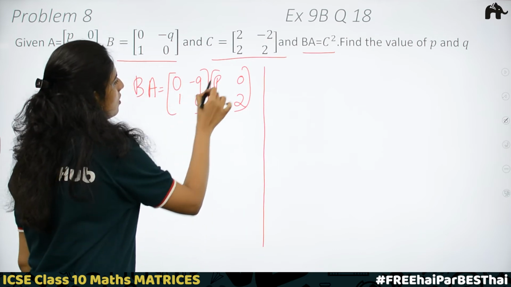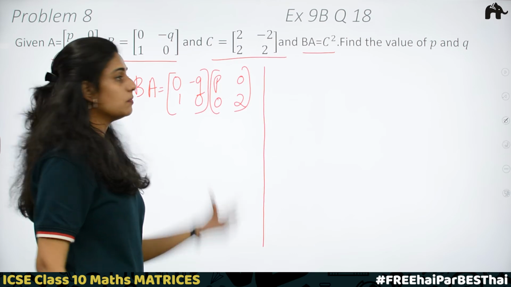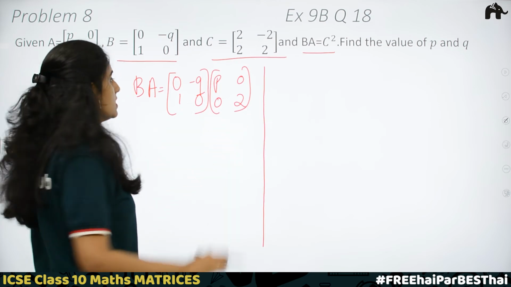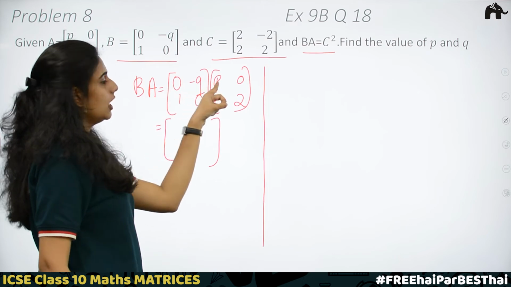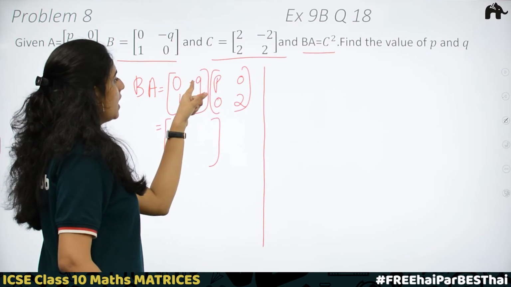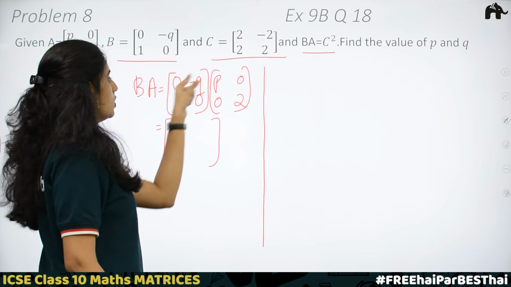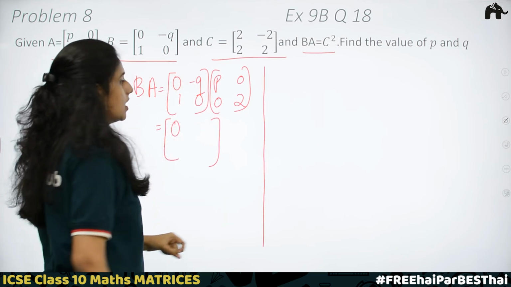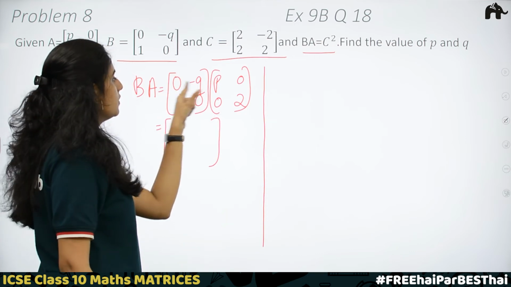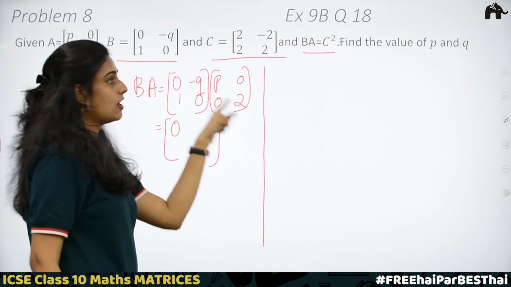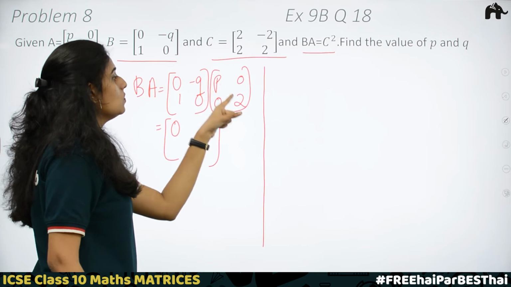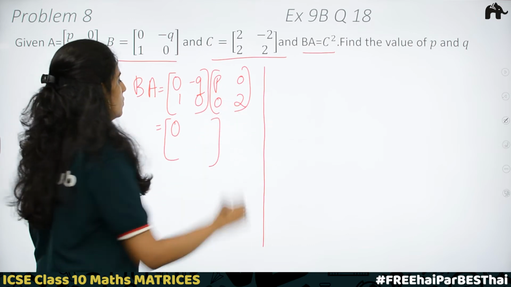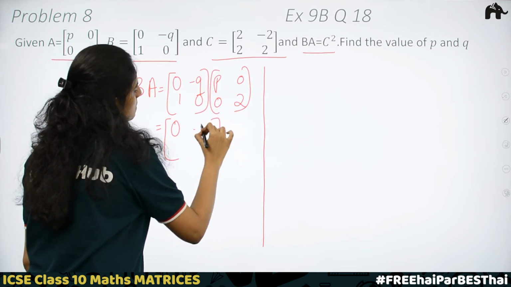Considering the first row and the first column from the first and second matrices, we can get the first element. 0 into P is 0, minus Q into 0 is 0. 0 plus 0, 0.